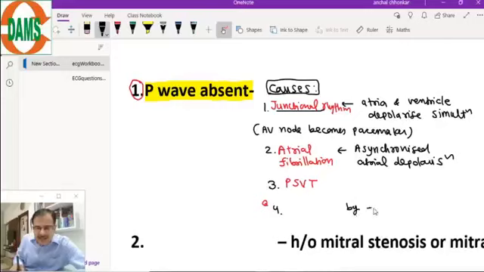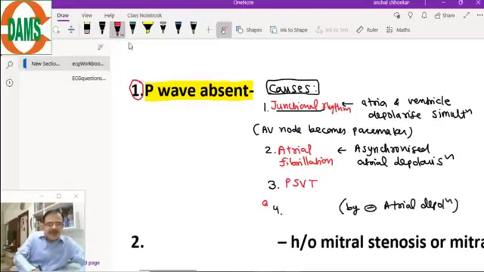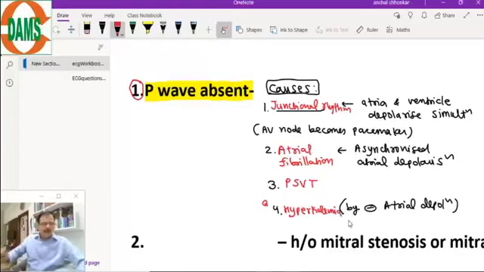By inhibiting atrial depolarization, obviously the P wave will become less in amplitude and ultimately disappear. This is seen in cases of electrolyte imbalance, hyperkalemia. So this causes a decrease in the P wave and ultimately it disappears.